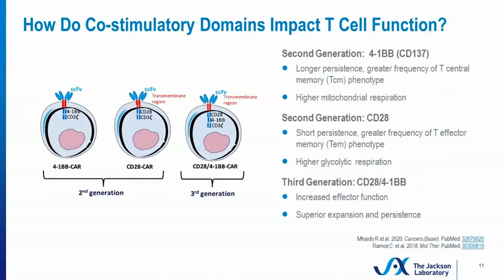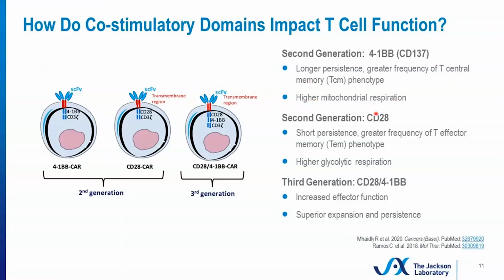Now, when it comes to these co-stimulatory molecules that are part of these chimeric antigen receptors, they can really influence the T cell populations in terms of their longevity, durability, and their energy function. So 4-1BB, for example, really can lead to longer persistence and a greater frequency of central memory phenotypes. And these cells have a high mitochondrial respiration.